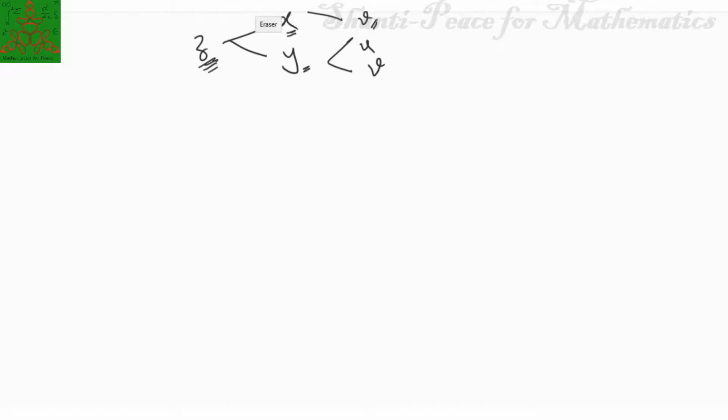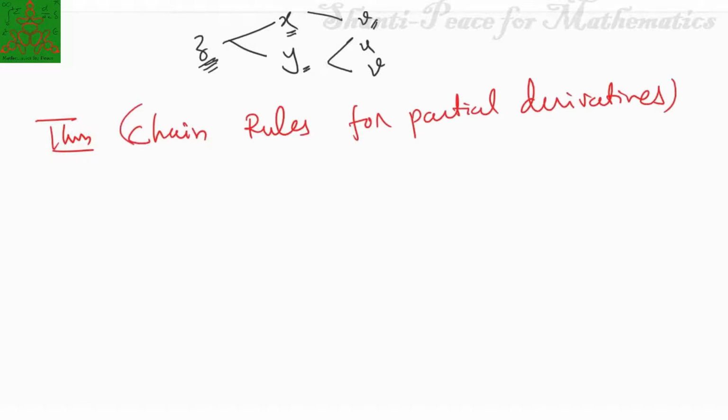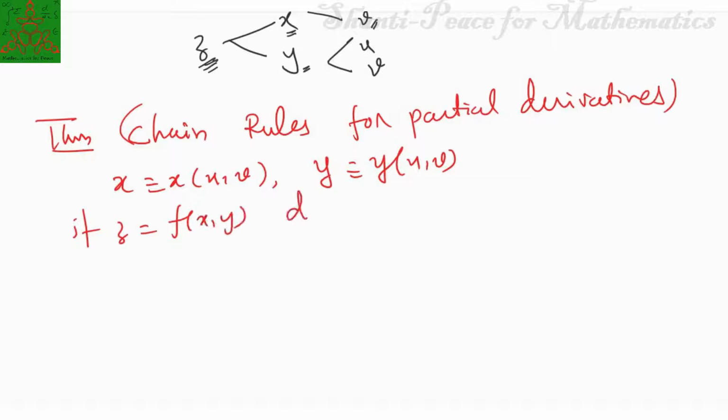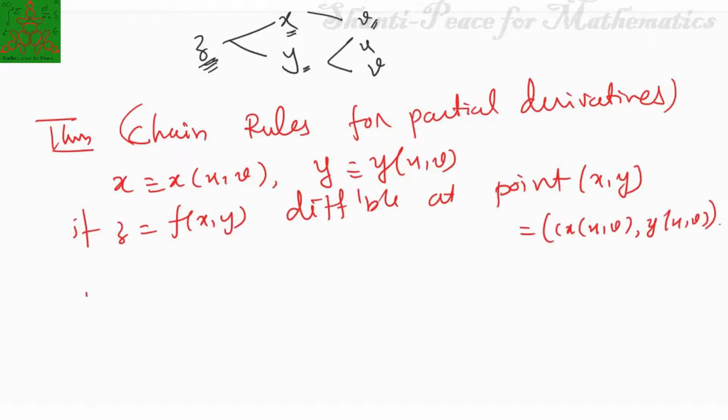Now the next is the chain rule for partial derivatives, which tells you the same thing. If you have x which is a function of u and v and y is a function of u and v, and they have first order partial derivatives, and if z equal to f of x y is differentiable at point x y, and this x y is actually a function of u v, then z also has first order partial derivatives as a composition function, of this form.